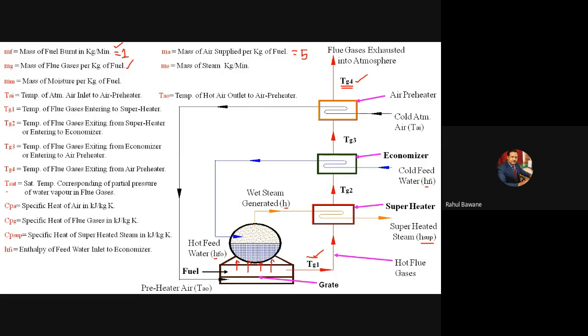HFI, enthalpy of feed water to economizer. HFO, enthalpy of feed water outlet from economizer or inlet to boiler. And H is the enthalpy of steam generated. And last, H super is the enthalpy of superheated steam after superheating. So these are all the notations we have to use.